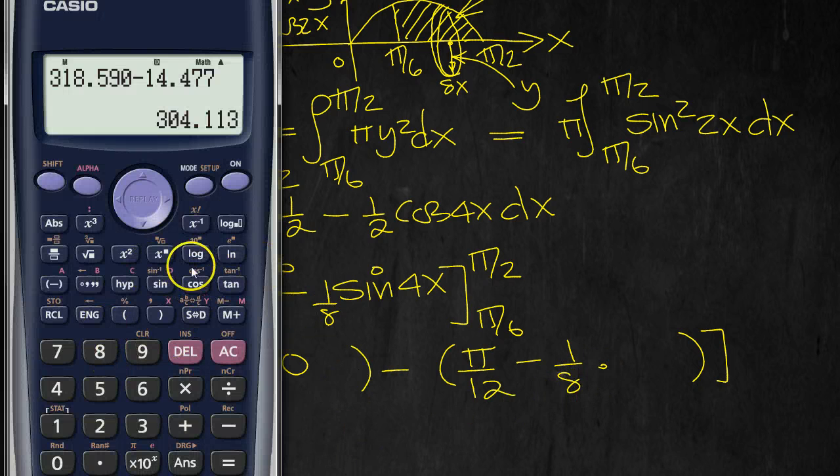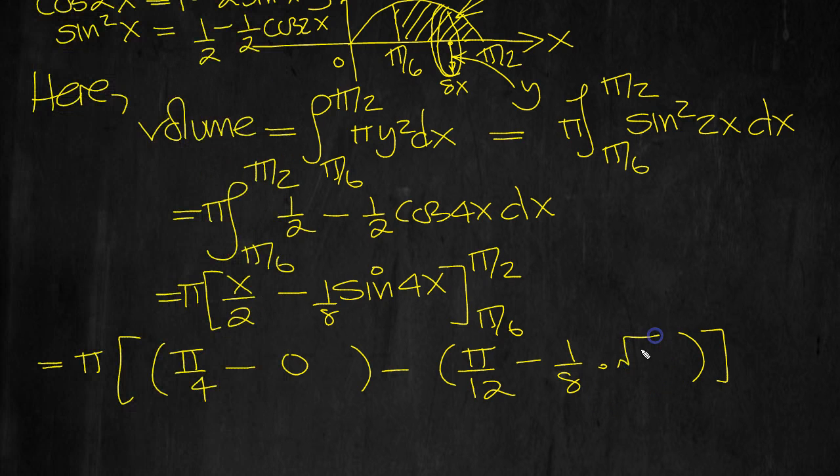So let's tap that in. Sine 2 pi over 3, I'm going to keep it in degrees mode because I'm in degrees mode. 2/3 of 180 is 120. Root 3 over 2. Over 2. So what have we got then?